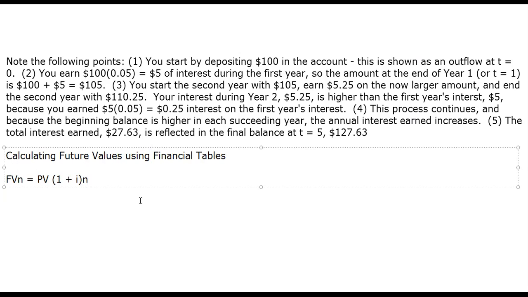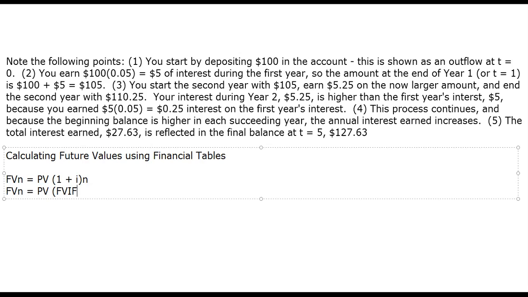All right. Now this part, watch me now. This part itself can be changed into looking like this. So you have FVn equal PV. So you keep the present value the same. However, this section will be changed.